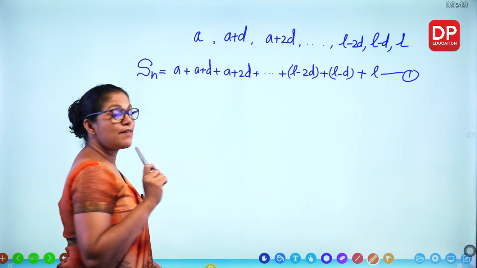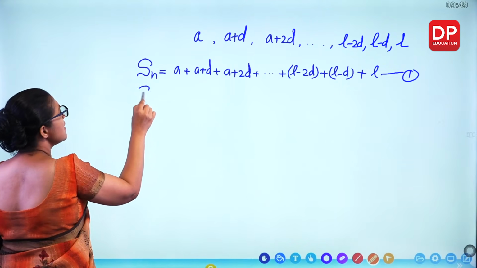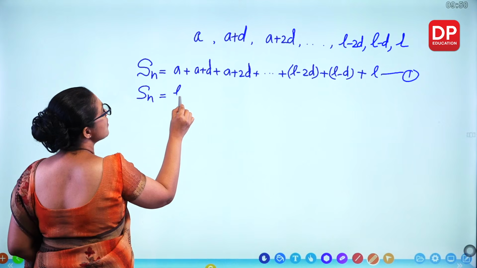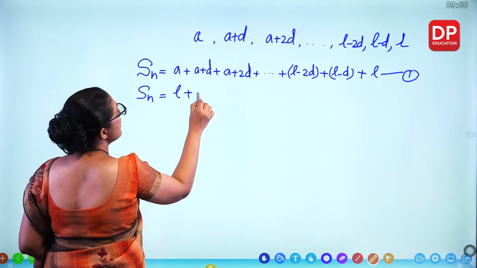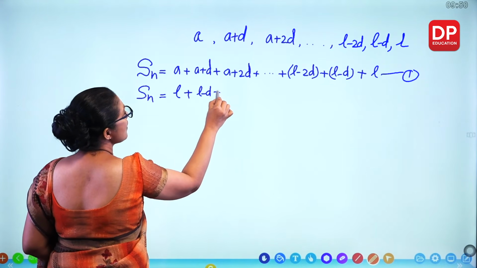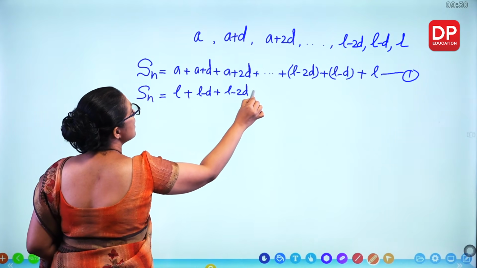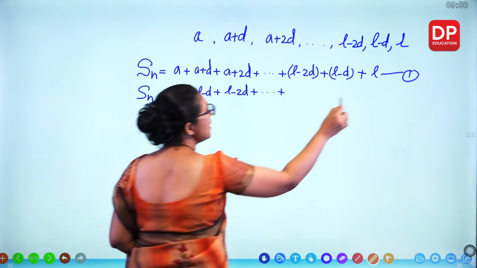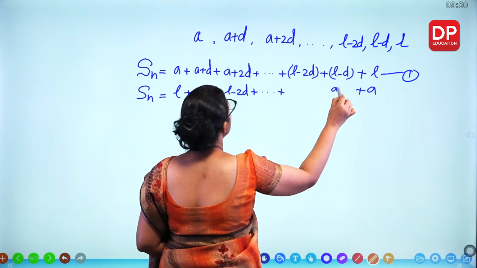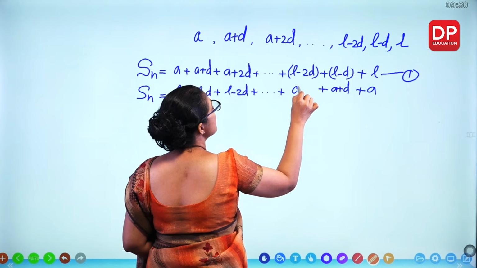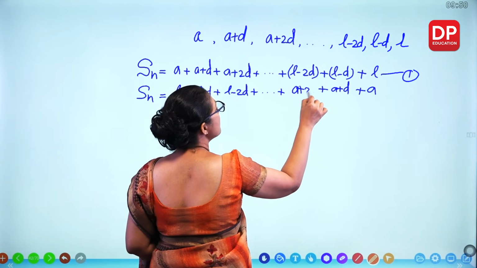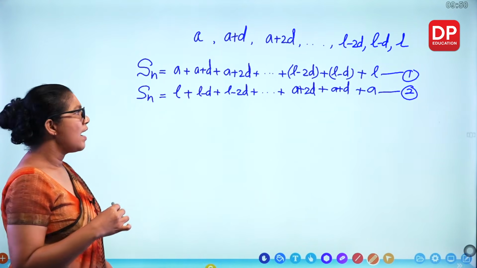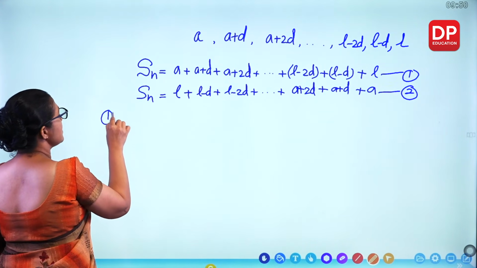So I'm using the previous pattern. I'm rewriting this, last one first and first one last. The other way around, I can write L, then L minus D, L minus 2D, and the first term here, the second term here, and the third term here. Then I want to add the first equation and the second equation.